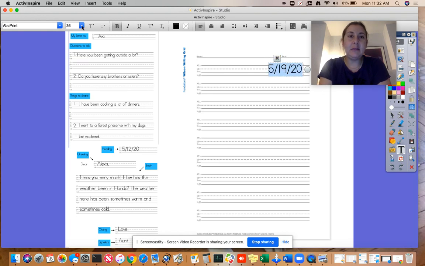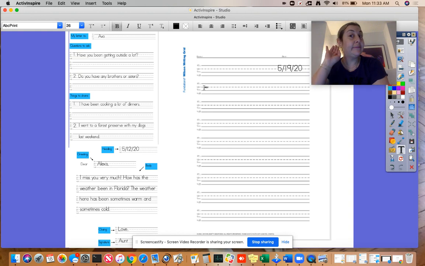I'm going to make it a little bit smaller just so we're practicing how it should look when you're writing it in the correct foundations lines. I think that's pretty close. Okay, so now I have my heading, easy peasy, my date in the right-hand corner.